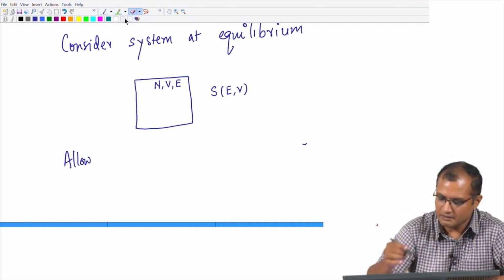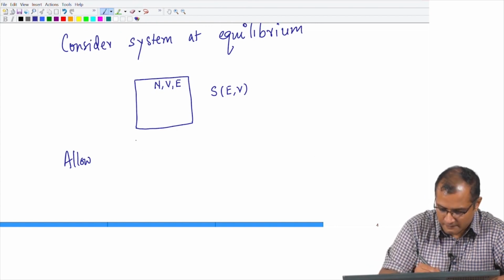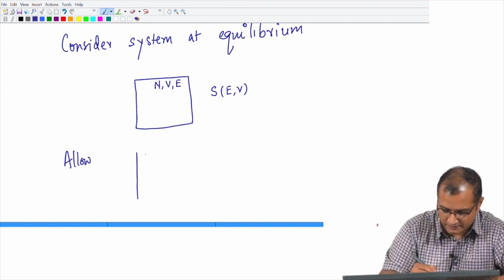So, we can drop n, and what I am doing is I am allowing the system to expand a little reversibly.